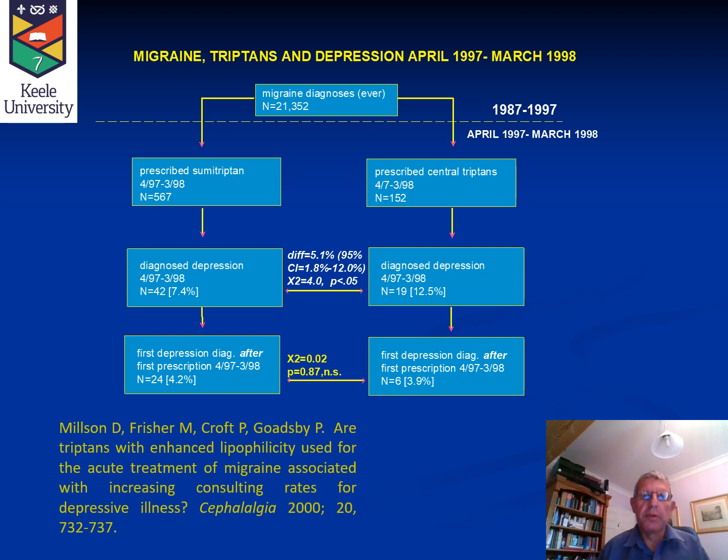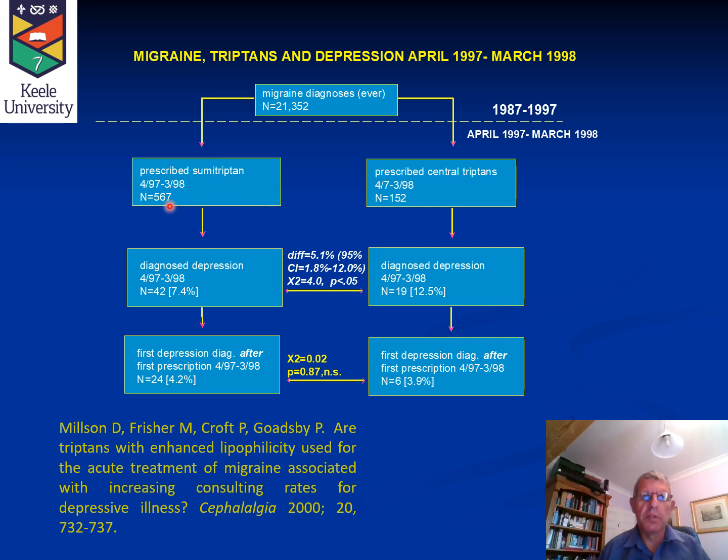So how did I go about studying this issue? This graph here shows the methodology that we used. First of all, we identified people with a migraine diagnosis over a 10-year period, and then for a 1-year period, we looked at the rates of prescriptions for people who had been prescribed sumatriptan or the people who had been prescribed the central triptans.